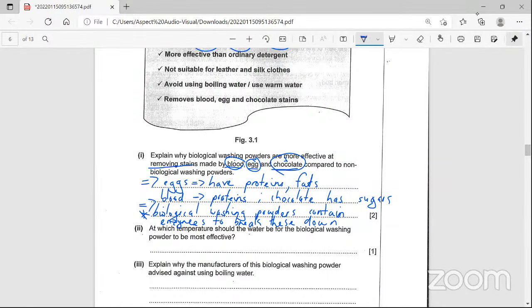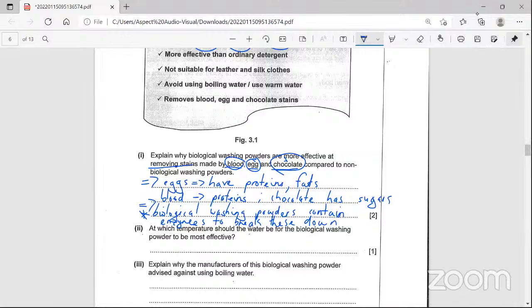This is 2 marks. Is it too much? Yes, it's a good question.